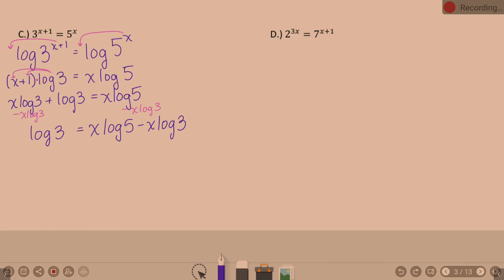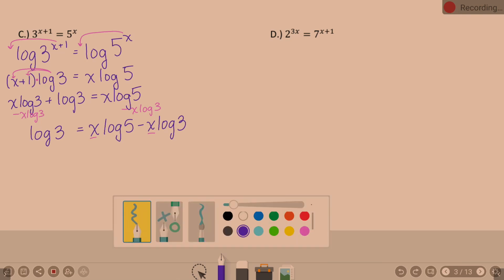What if I throw the phrase GCF out? Both terms on the right have a GCF of, what do they both have in common? X. Just x. Log goes with the 5 and with the 3. So we're going to factor out the x here. Okay? We're almost there, guys. I promise. You're going to know what to do after this.